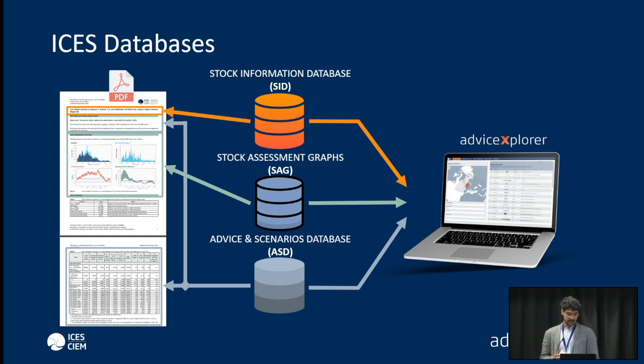We have three main databases: the stock information database, SID, which contains the general information about the stock; the stock assessment graphs, SAG, which include the main data of the assessment; and finally, the advice and scenario database, ASD, which was developed together with the adviceXplorer, which contains the headline of the advice, so the official advice that ICES provides, and the catch scenario tables. The adviceXplorer pulls all this data from these three databases and harmonizes it for the user.